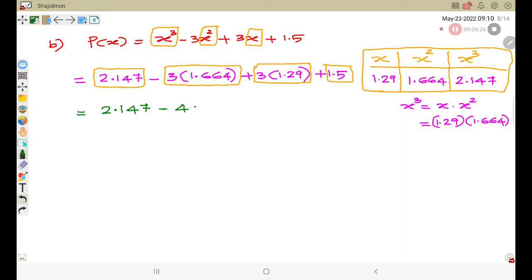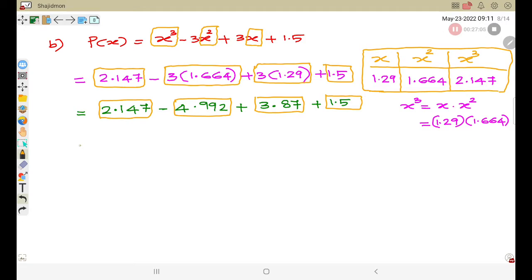You will get 4.992, plus 3 multiply 1.29 means you will get 3.87, 4 digits rounding. Now plus the last number, same 1.5. I hope you got the same numbers. Keep in your mind, separately 4 digits rounding. More than 4 digits coming, only then we are rounding, otherwise same number.